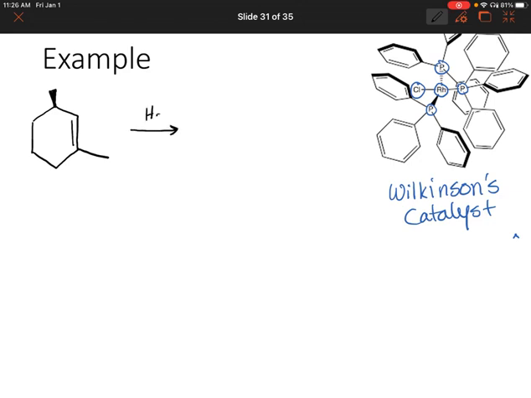So let's add hydrogen across the double bond, and then I'm going to abbreviate Wilkinson's catalyst as Rh for the rhodium atom, Cl for the chlorine, and then we're going to abbreviate the phosphorus with the phenyl groups attached as PPh3, and then there are 3 of those attached to the rhodium.